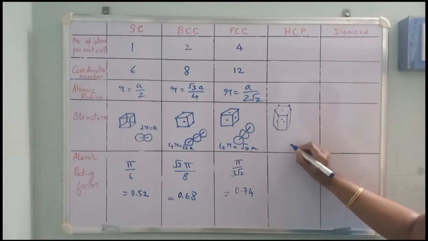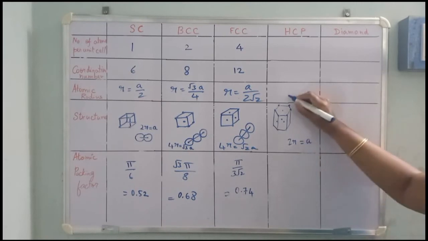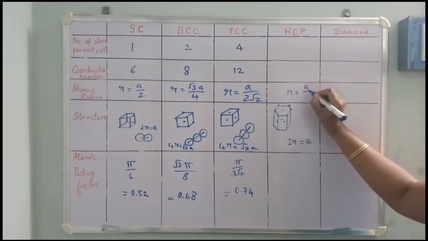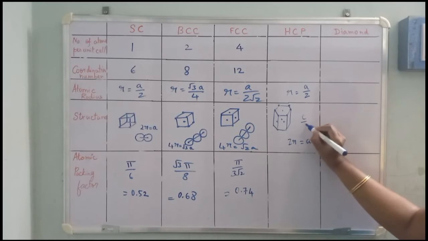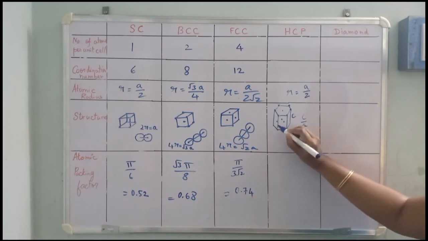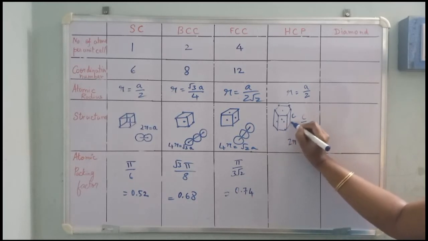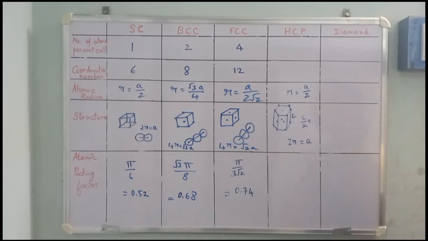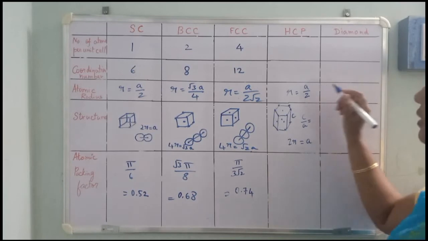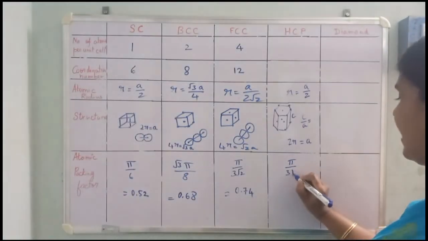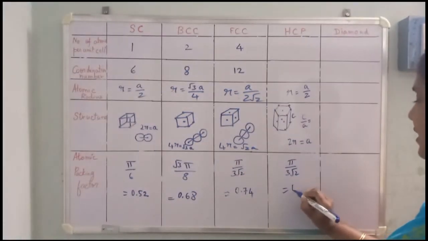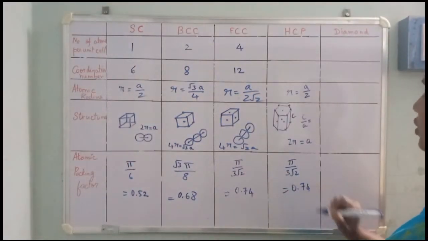So here 2r will be equal to a, or r is a by 2. But you must also know the c by a ratio because c is the length here. So by knowing the c by a ratio, which is root of 8 by 3, we will be calculating the atomic packing factor to be almost the same as FCC. It will also be 0.74.